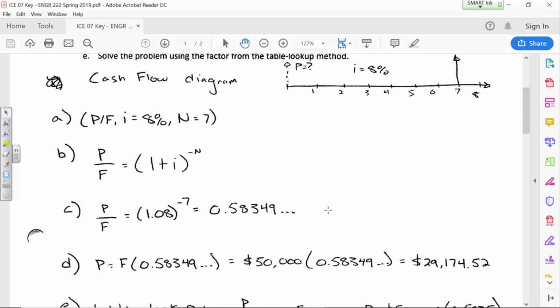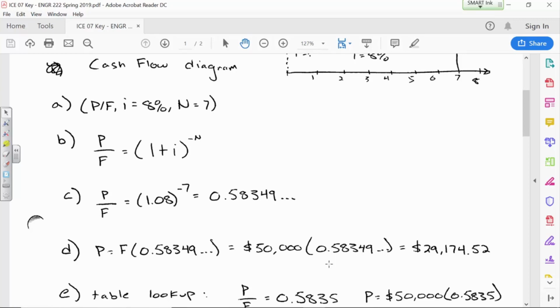I didn't round off. Maybe you'd be tempted to say 0.58. But we don't want to round off prematurely because then our answer isn't accurate to the nearest penny. And if we can, we'd like our calculations to be accurate to the nearest penny. So try and employ that same notation of dot, dot, dot, when there's additional digits that you're going to hold on to. And so I did the same thing in part D.